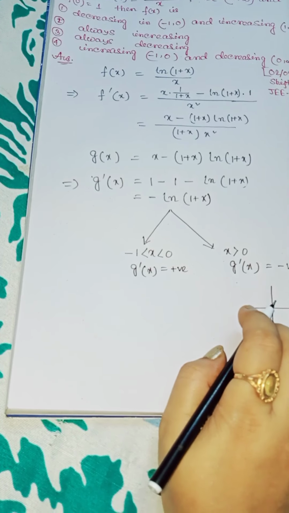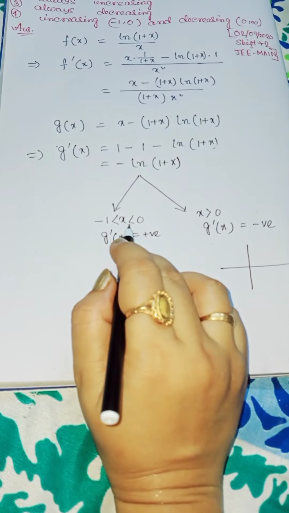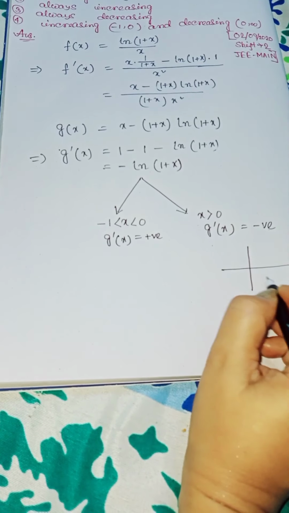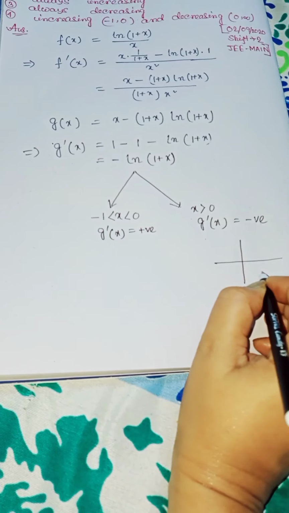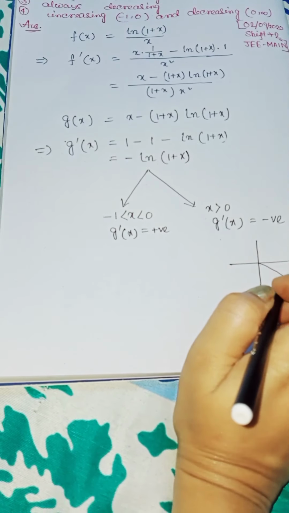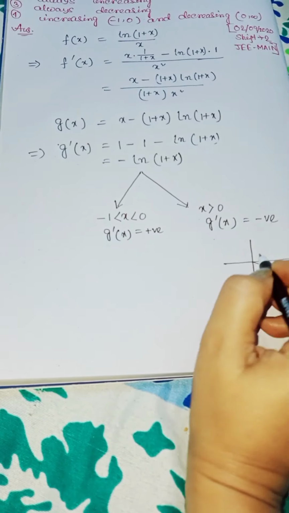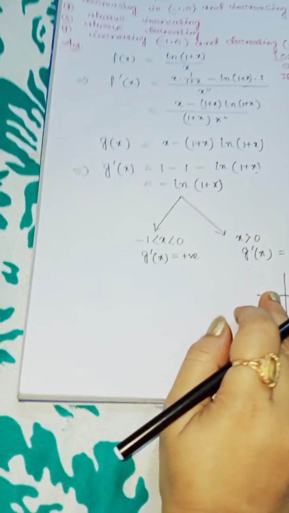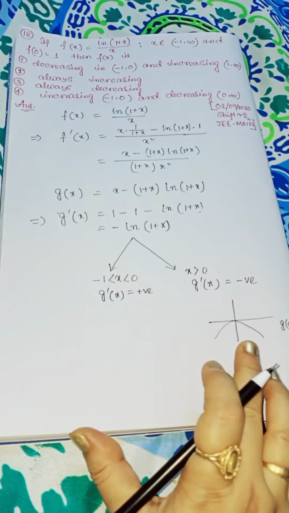Let's plot g(x) as a function. When it is shown, g(0) is equal to 0. If x is less than 0, then the curve becomes just like that, and if x is greater than 0, then the curve becomes so. It means roughly we draw the curve.